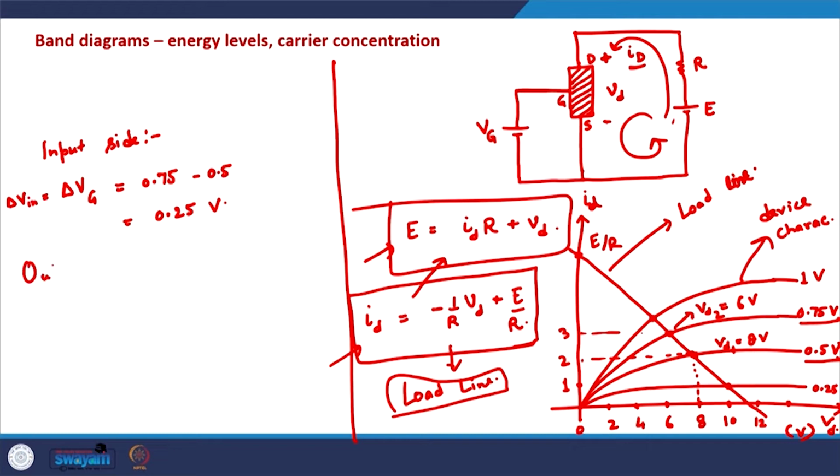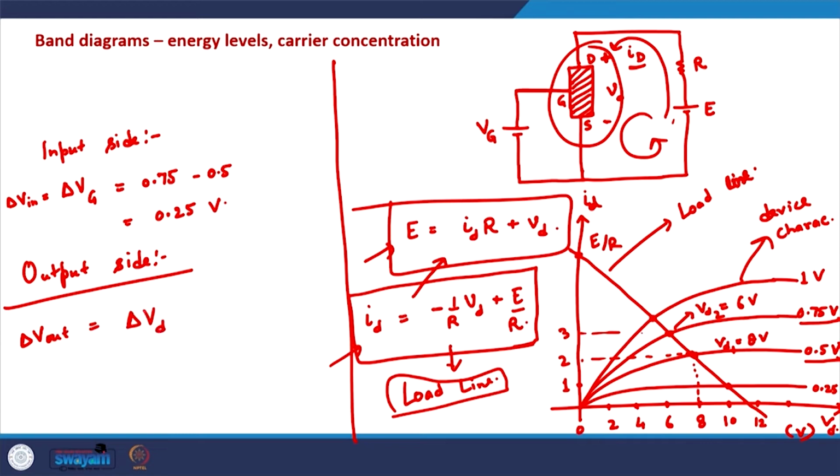On the output side, the voltage that is reflected through the device here, the voltage output is delta Vd essentially, and the delta Vd value is 6 volts minus 8 volts, it is around minus 2 volts. So if we are changing the input voltage, the gate voltage, by 0.25 volts, the output voltage is being changed by minus 2 volts.